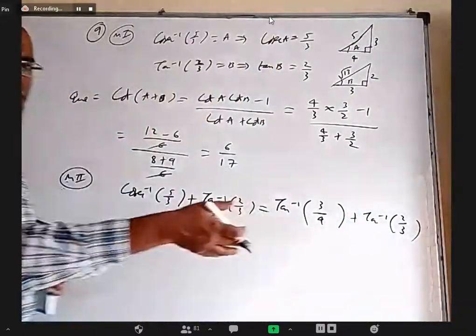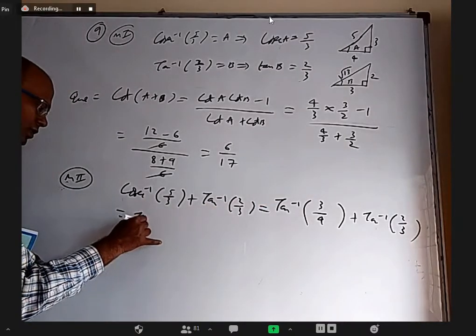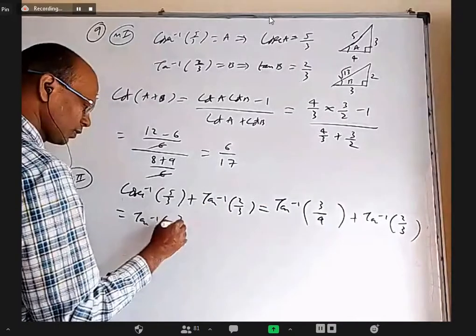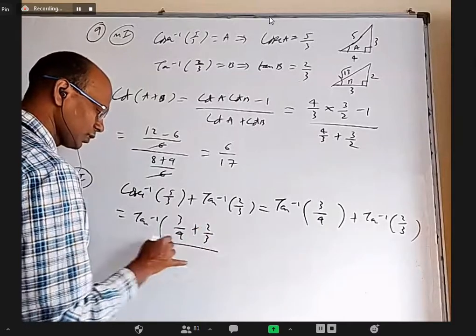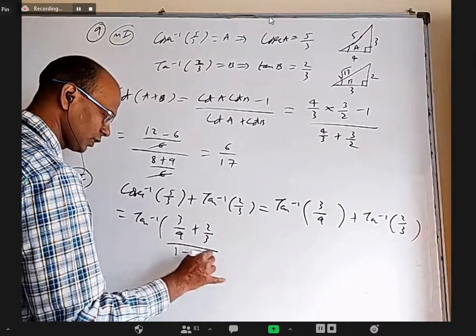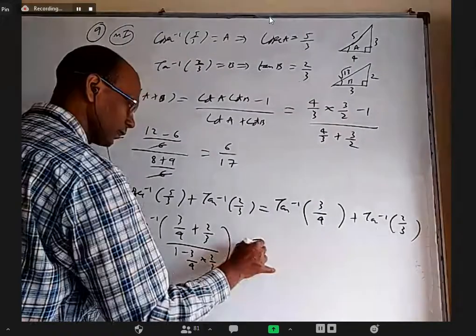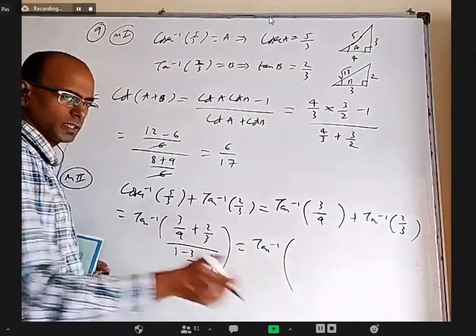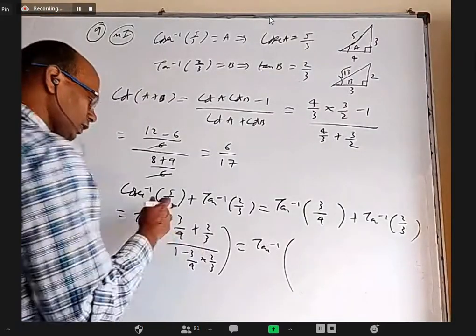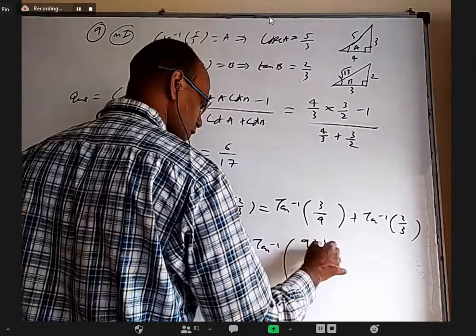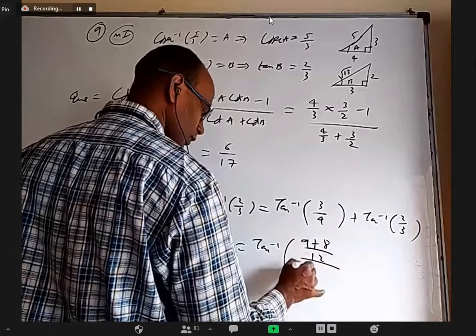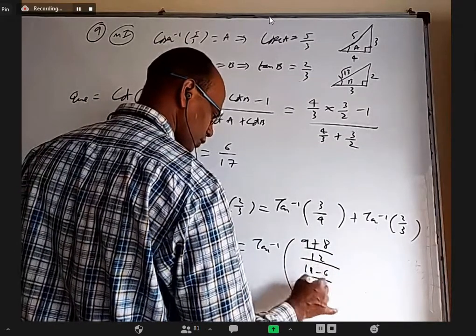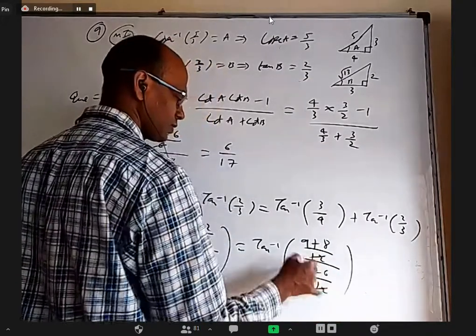And tan inverse x plus tan inverse y is tan inverse of 3 by 4 plus 2 by 3, by 1 minus 3 by 4 into 2 by 3, like the tan of A plus B formula. That is going to be 9 plus 8 by 12, over 12 minus 6 by 12. 12 will cancel.